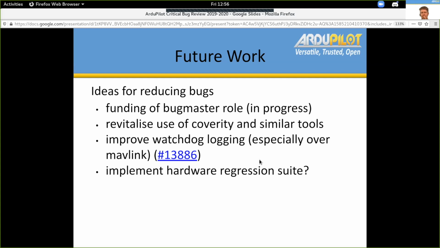We can set up particular scenarios, but it's a matter of the effort in maintaining that hardware regression suite versus the bugs that it finds. And I suspect it wouldn't come out as a good balance. For finding certain categories of problems, I think it would be invaluable.